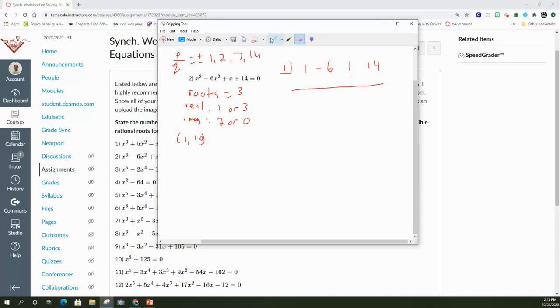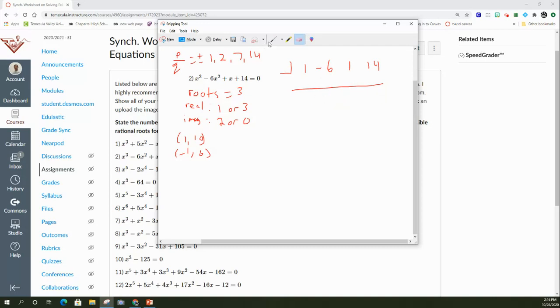Let's try negative 1. Bring down the 1, multiply negative 1. That's negative 7. Multiply by that, that's 7. That's 8. That's negative 8. And so that is 6. So again, no success, but I do know a point. So let's try another one.